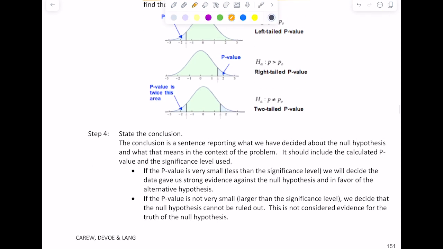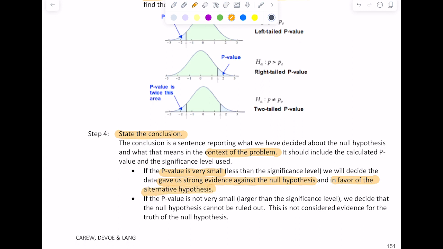And then step number 4, which is very important actually, is state the conclusion in context. You're telling me I am either rejecting or failing to reject the null. So if the p-value is small, remember we reject, and that gave us strong evidence against the null and in favor of the alternative.